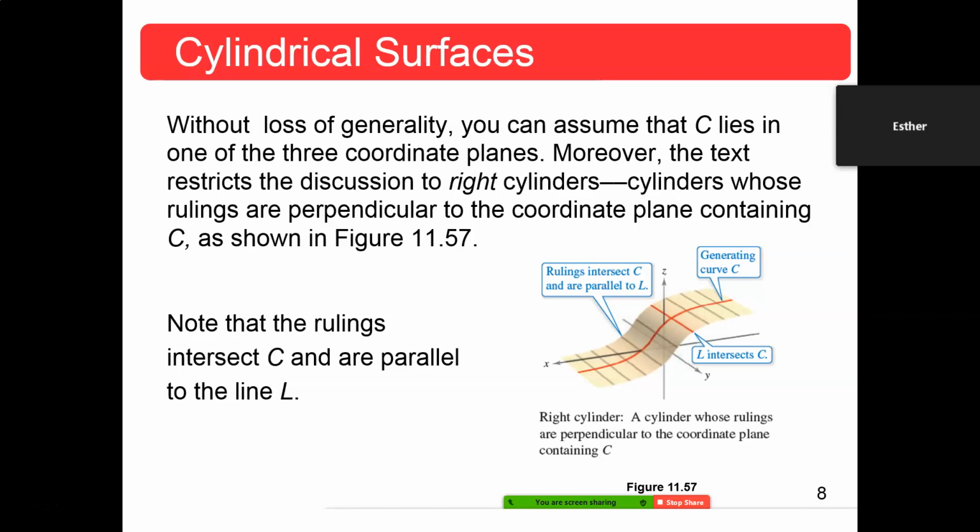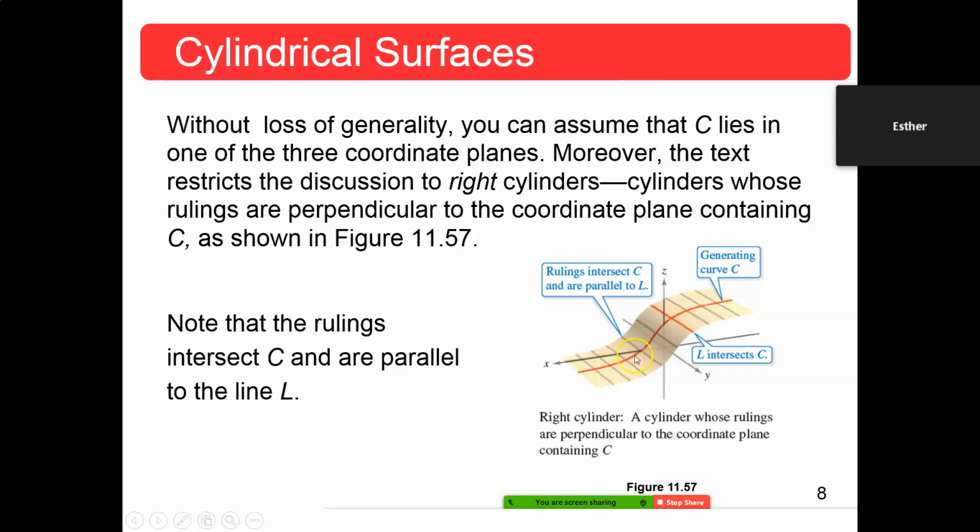Now, here is the XZ plane. There's the x-axis, there's the z-axis, and you have your rulings that are parallel to that XZ plane.